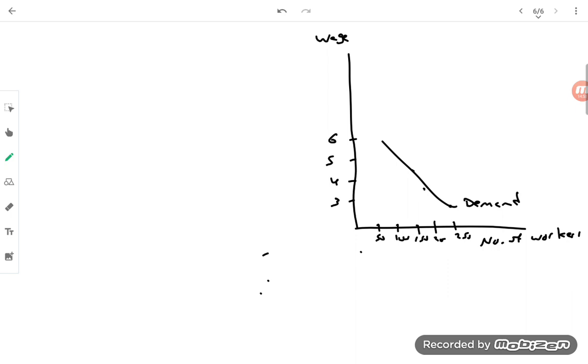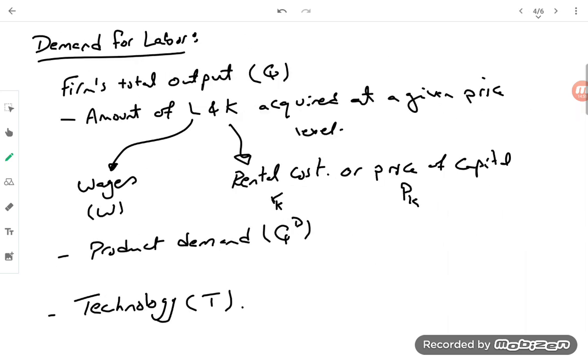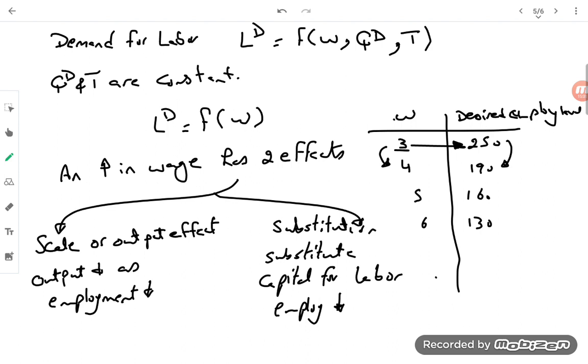So what are the factors that affect the demand for labor? As we said in the demand function, demand for labor is affected by wages, demand for output, and technology.